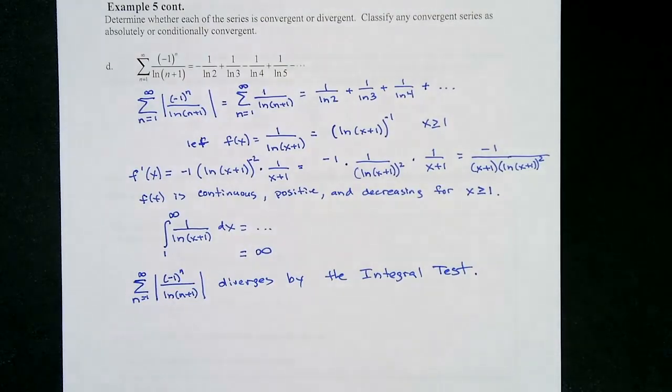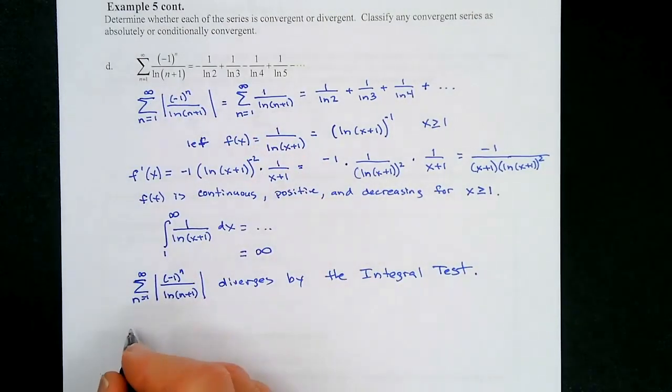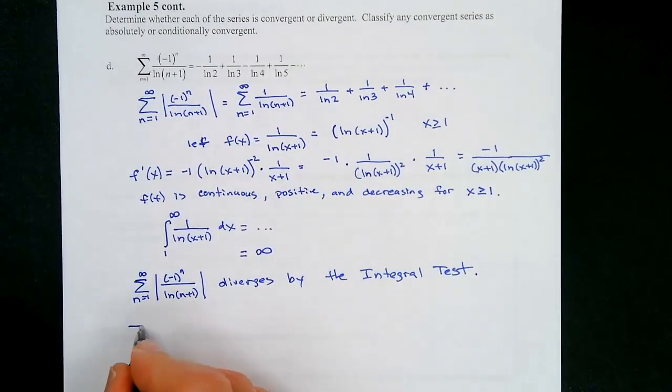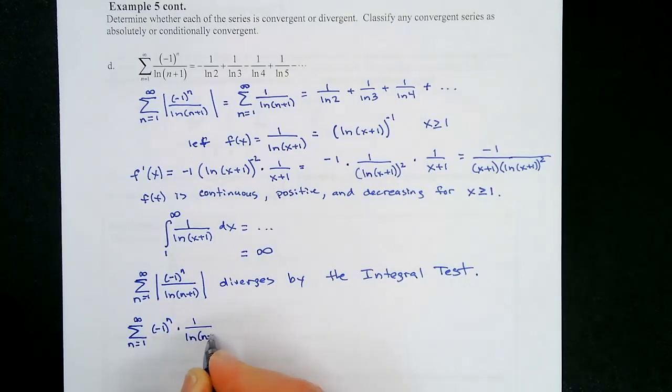So we know it's not absolutely convergent, but it could still be conditionally convergent. That is, does this original one actually converge? So now we have to go back to this and rewrite it as the sum from n equals 1 to infinity of -1 to the n times 1 over ln of n plus 1.